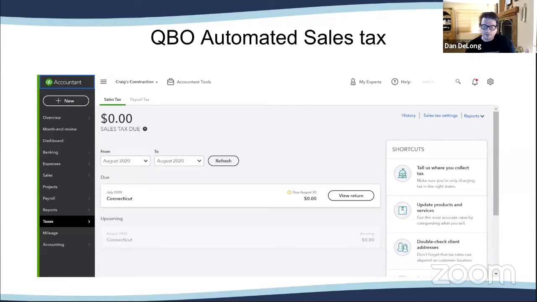And if you converted from desktop to online, you get the sales tax payable account on top of that. So there's a lot of nuances when it comes to sales tax and those special accounts.